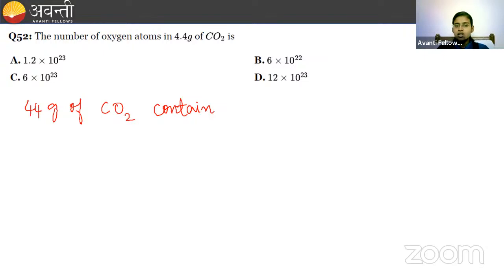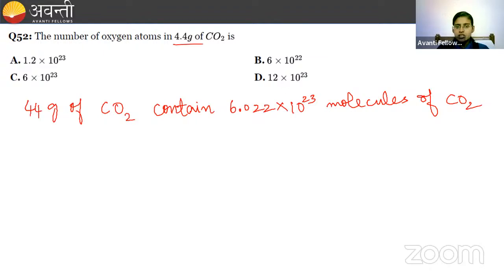So 1 mole of carbon dioxide contains Avogadro number of molecules of carbon dioxide, which is 6.022 into 10 to the power 23 molecules of carbon dioxide. Okay. So 1 mole is equal to 44 grams of carbon dioxide.